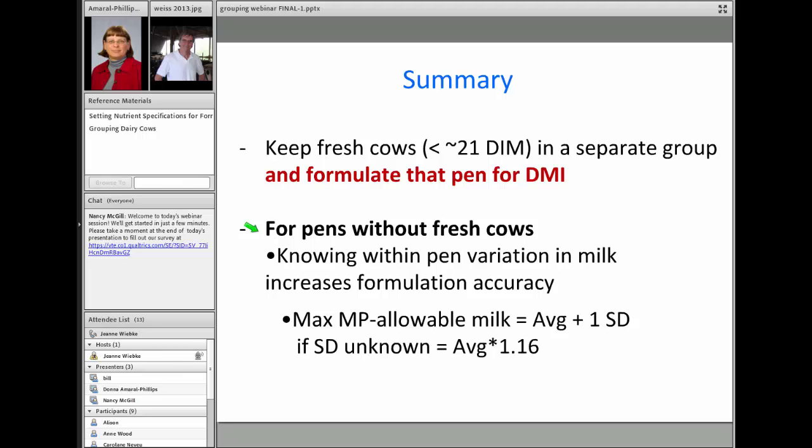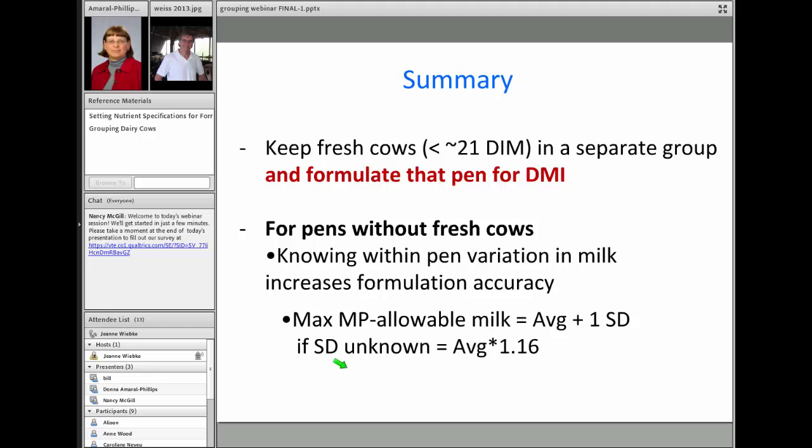For pens without fresh cows, if you know the variation, you can be much more specific on your nutrient specs. So knowing standard deviations of milk yields within a pen is useful information. And I'm going to set my maximum MP allowable milk using pen average intakes at the average milk plus 1 standard deviation.